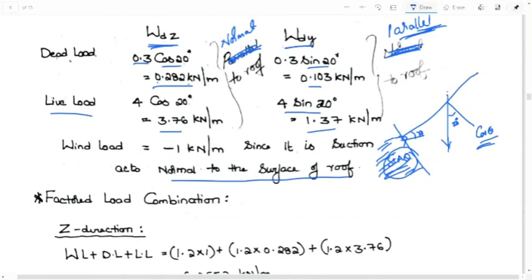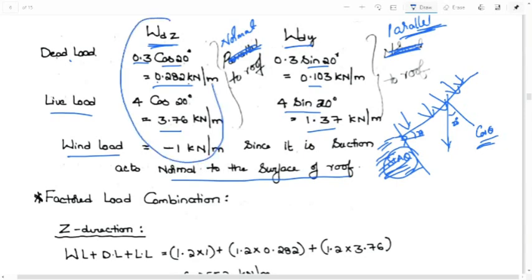So now one more load is remaining, that is wind load. Wind load is also taken to be acting perpendicular to the roof, normal to the roof, so that is combined in this. So now, since we know each individual component in direction, we have to find out the factored load.